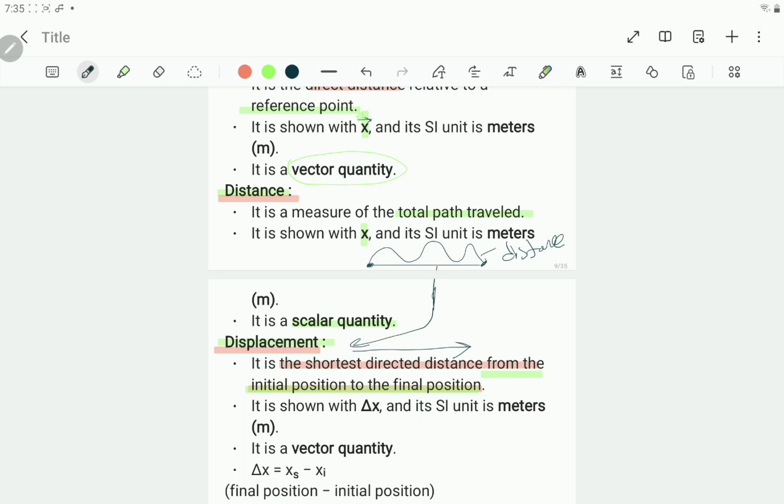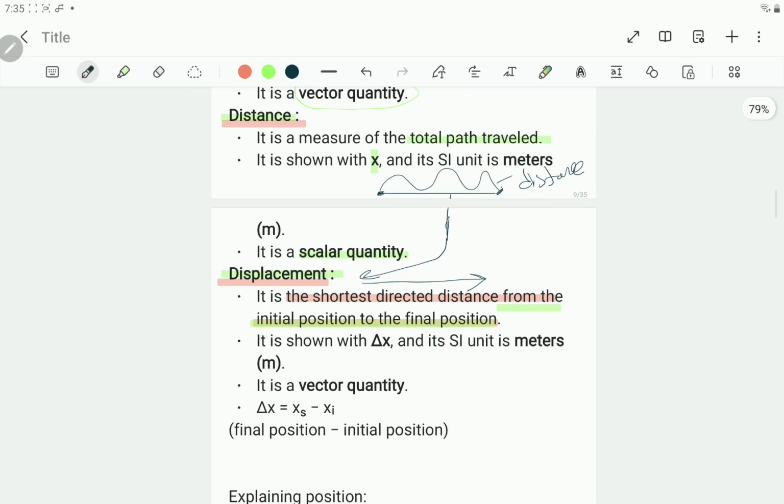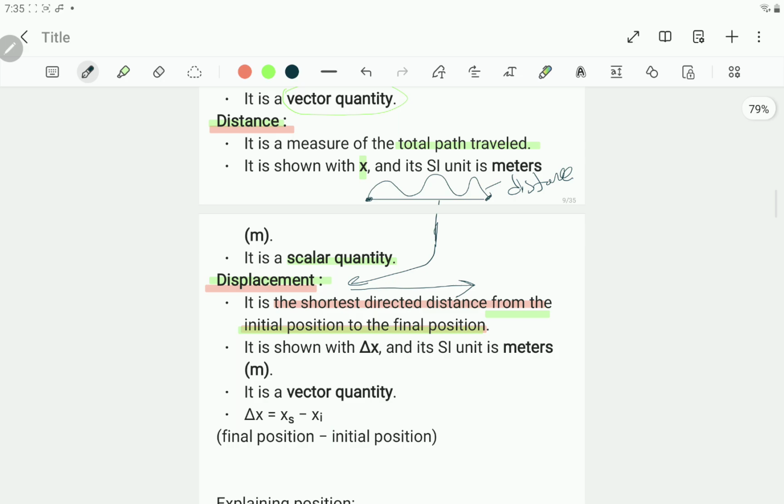Yeah, and displacement is a vector quantity. Yeah, and we show it with delta x. So basically, this is the final position. Here is the final position, and here is the initial position.